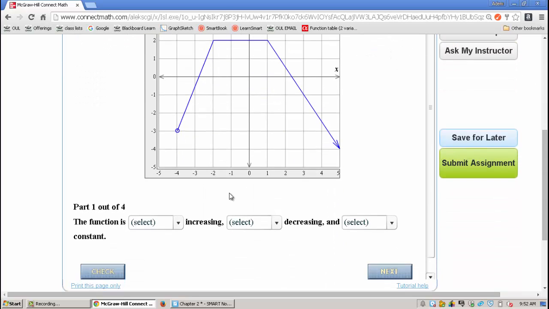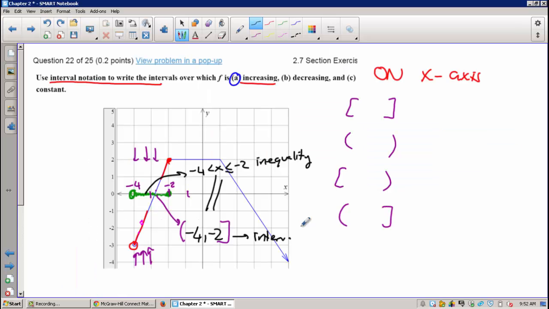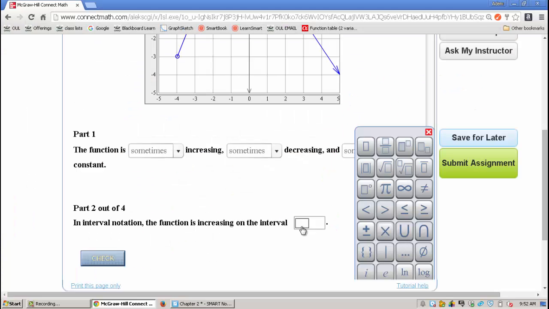We are checking the function is sometimes increasing, sometimes decreasing, and sometimes constant. We all see that. Part 1 is just basic observation. In part 2, we need to put down where it's increasing, and we have spotted it. We just spotted that it's between -4 parentheses, -4 comma bracket 2, right?